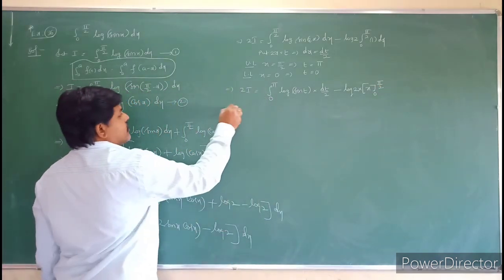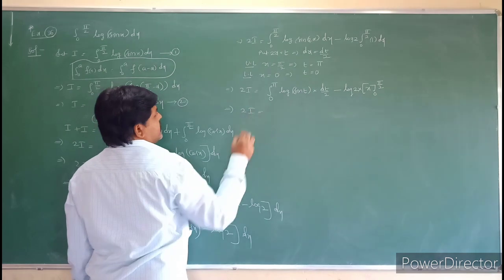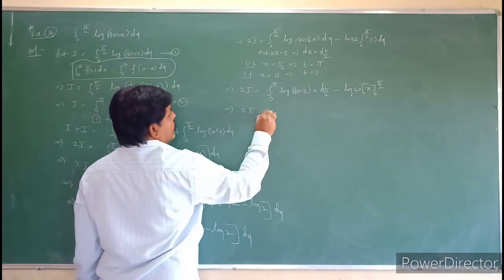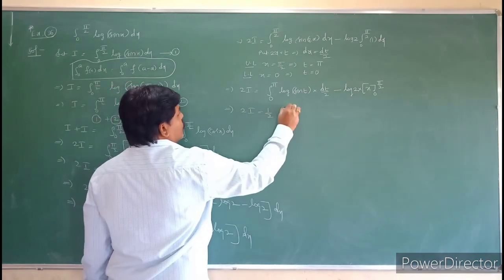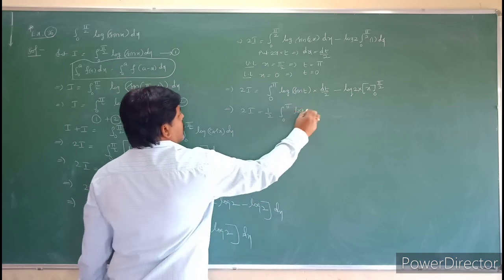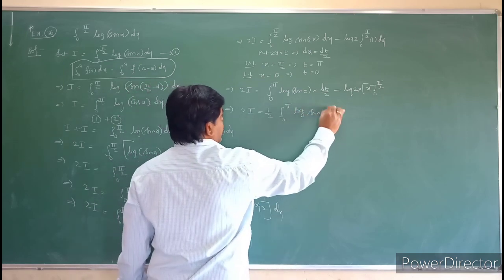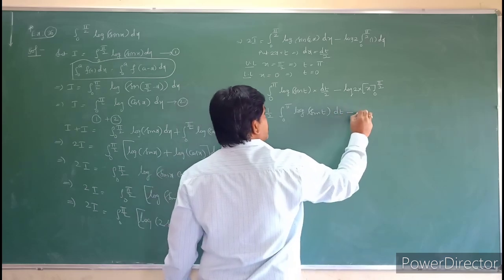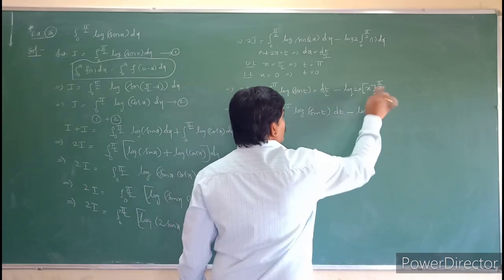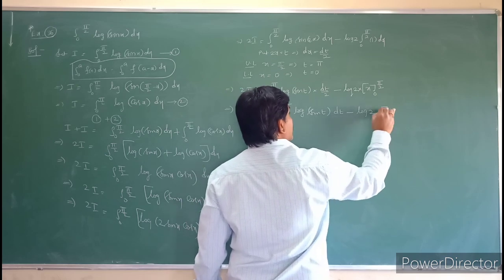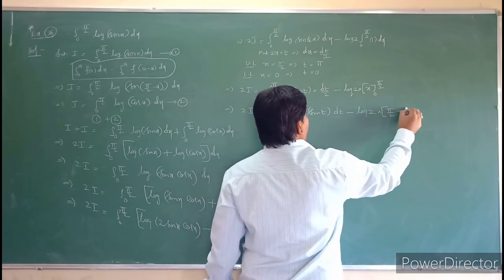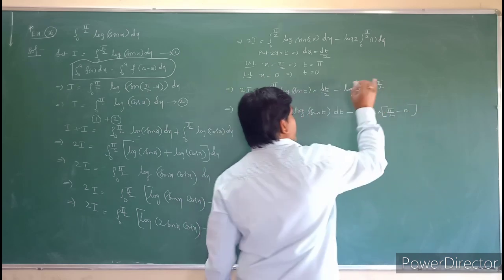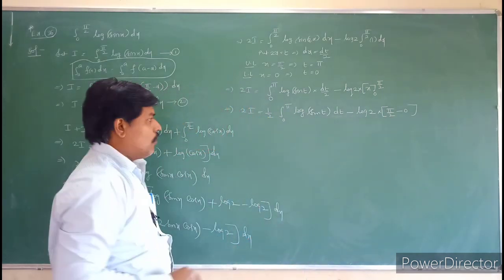So that implies 2I is equal to 1 by 2 into integral 0 to pi of log of sin t into dt, minus log 2 into pi by 2 minus 0. Apply the upper limit minus the lower limit.